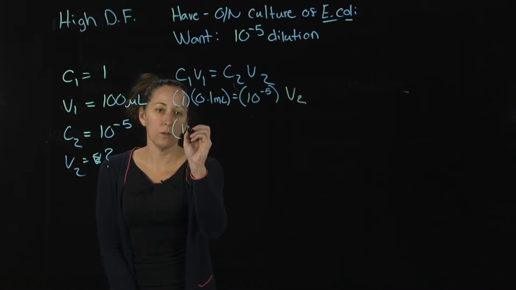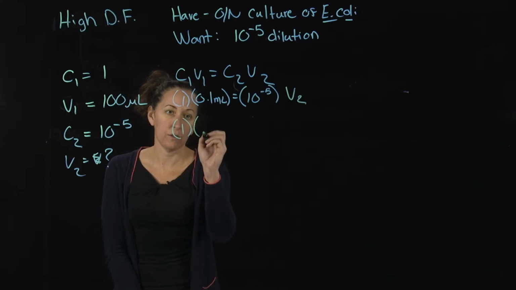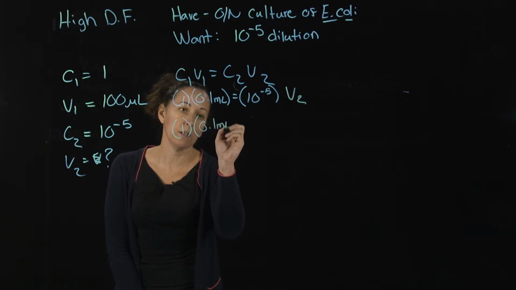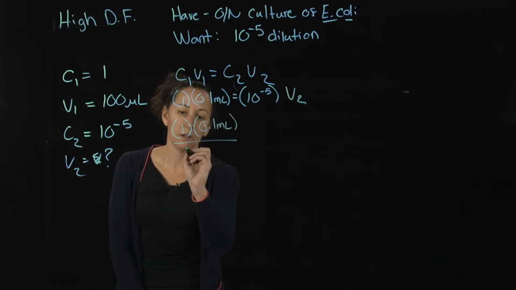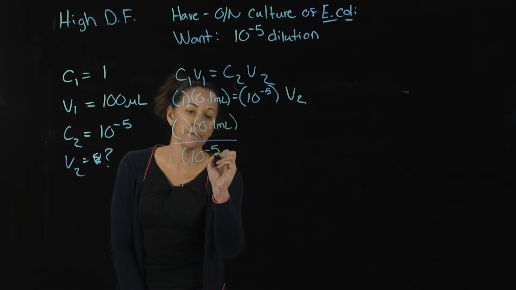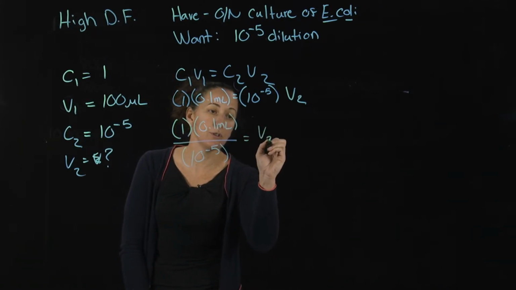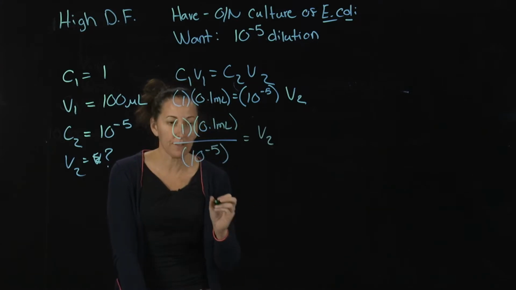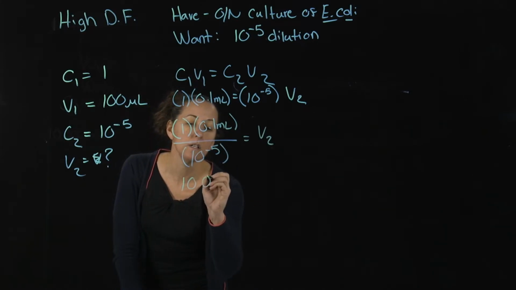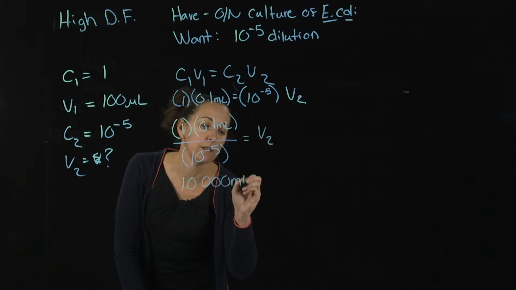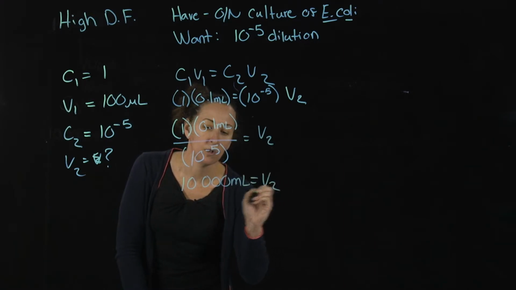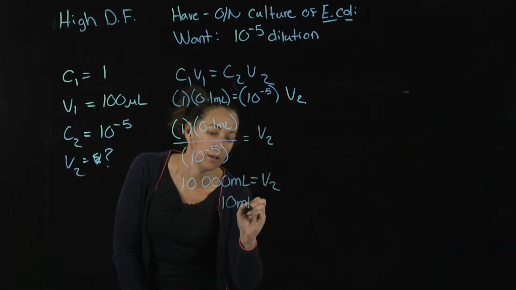So we're going to go 1 over 0.1 ml divided by 10 to the negative 5 equals V2. If we solve for that, we end up getting 10,000 milliliters or 10 liters.